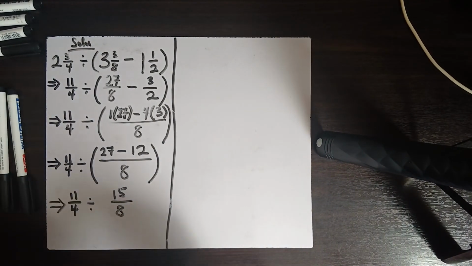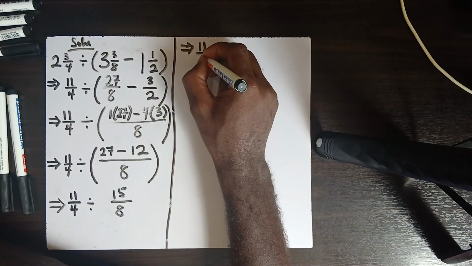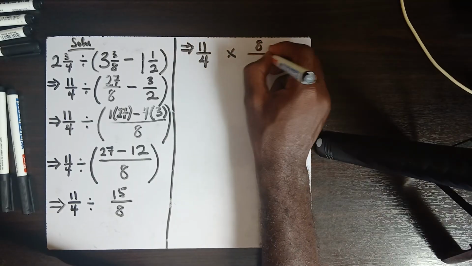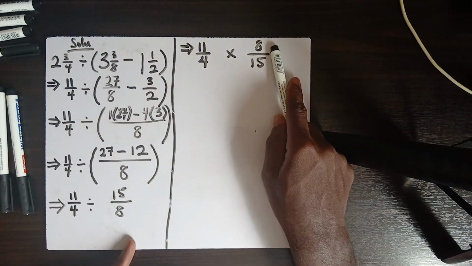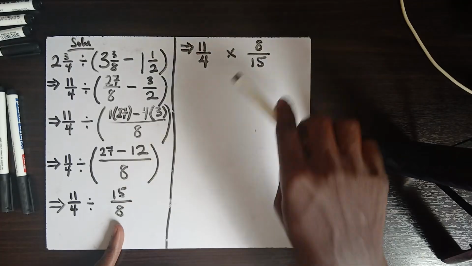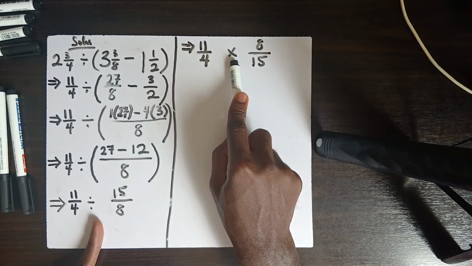So this is what I mean. We have 11 over 4 times 8 over 15. So this is what I mean by reciprocation. We reciprocated the 15 over 8 to 8 over 15 in order to change the symbol.